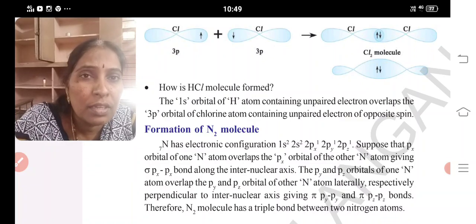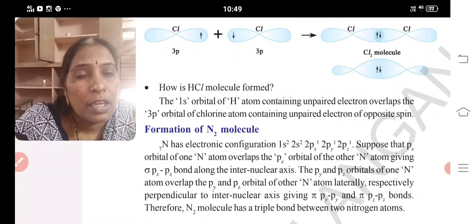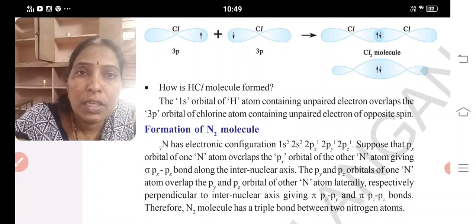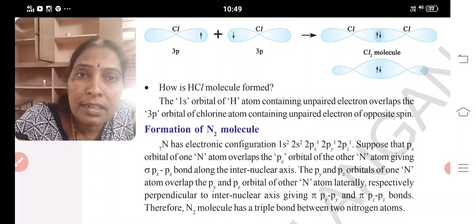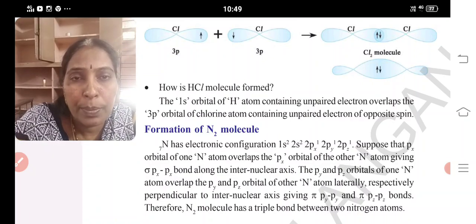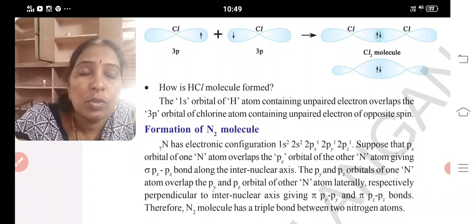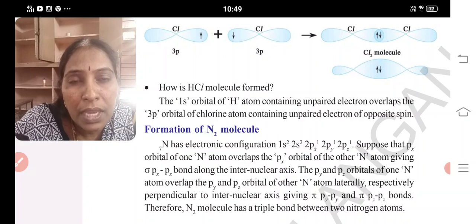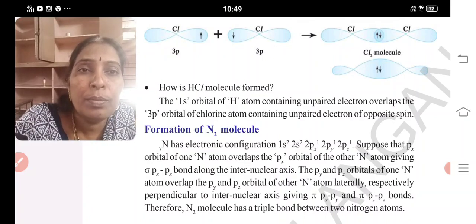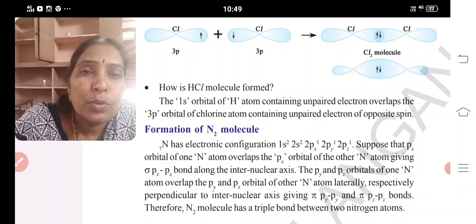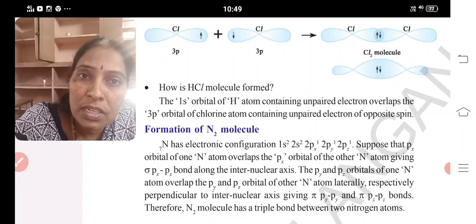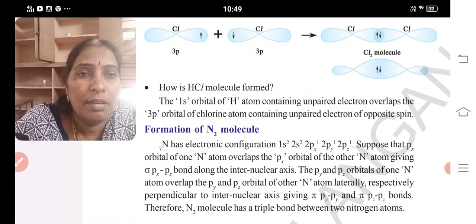Because if we check the electronic configuration, paired electrons never participate in bond formation. They are called bonded pairs, or bond pairs. Unpaired electrons will participate in bond formation. So there is repulsion between bond pair and lone pair. Lone means a single electron ready to participate in a chemical bond. Due to that repulsion, there is a change in bond angles and bond lengths.